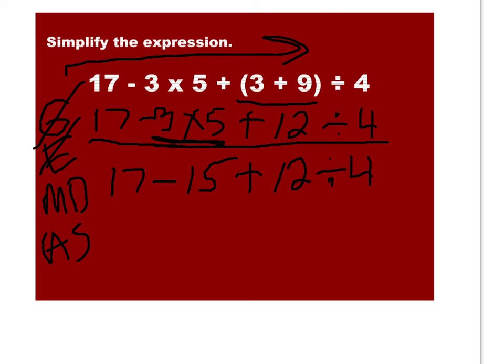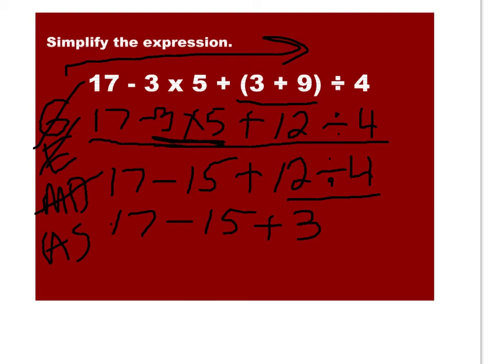Then I'll look at my problem again. Do I have any multiplying or dividing? And I look and I see that 12 divided by 4 is division, so I'll bring everything down. 17 minus 15 plus, now I'm going to do 12 divided by 4, and that's 3. Then I look at my problem, and I don't see any more multiplying and dividing, so I'll cross it off.